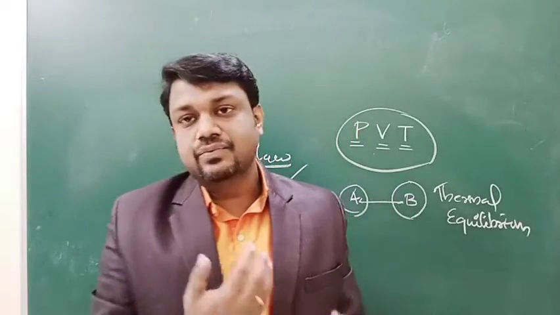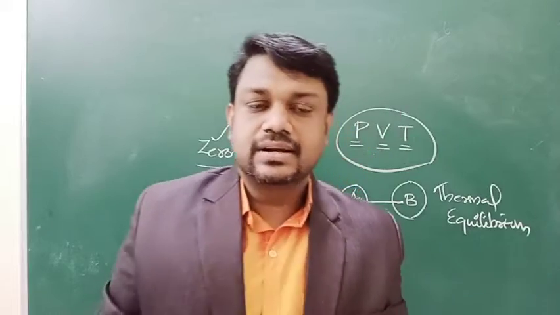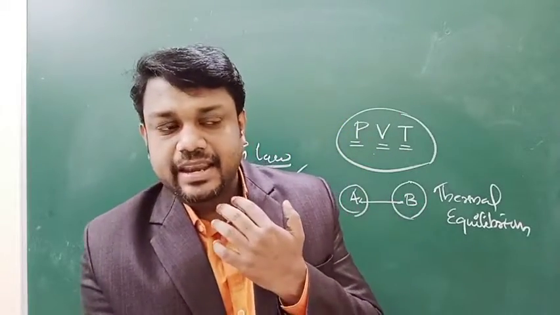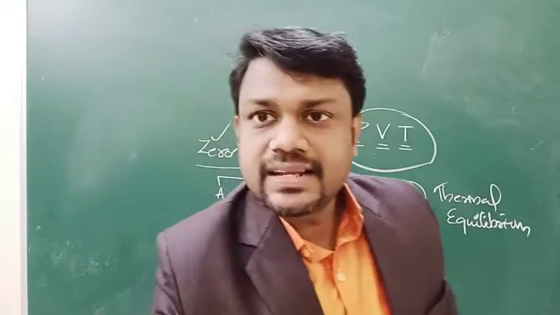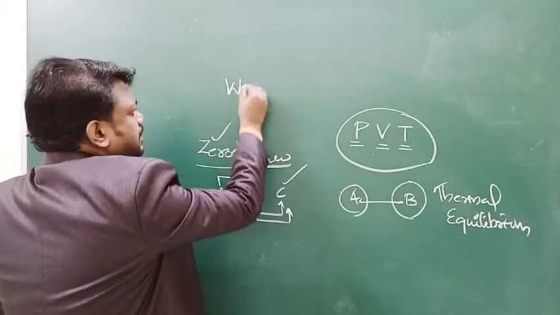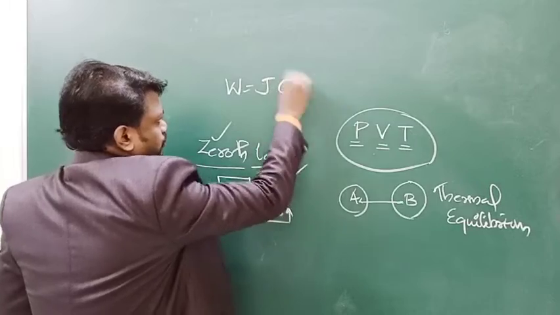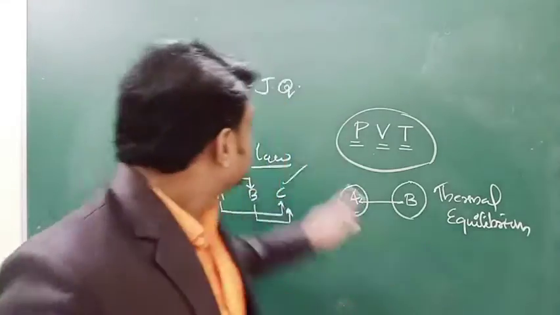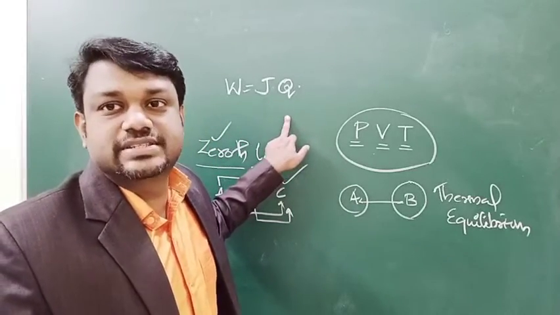How can you convert work into equivalent heat energy, or heat energy into equivalent work? For that we can have an equation: W is equal to J into Q, where J is known as Joule's constant.